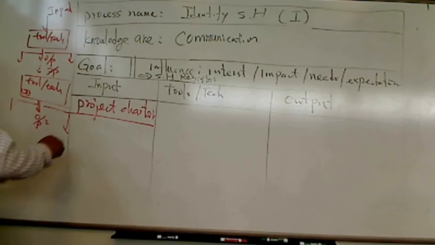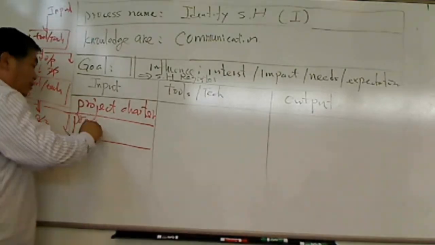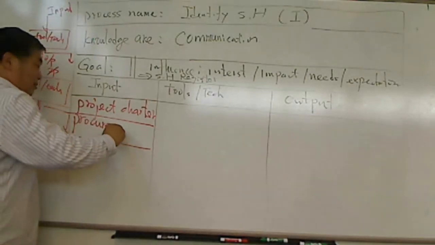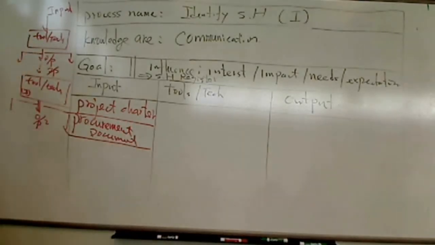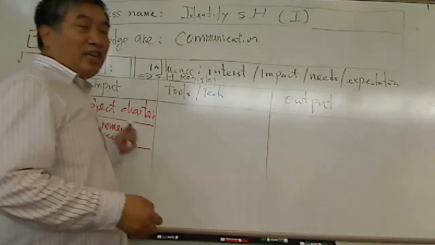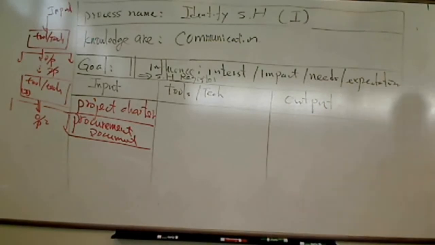Next is what? Procurement, right? What does procurement mean? Purchasing documents, right? Why is this important? Why does this need to be in identify stakeholders?